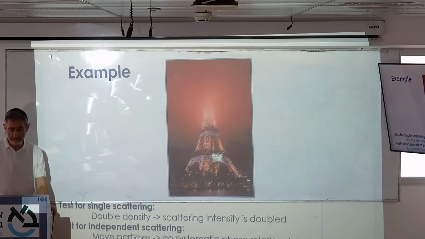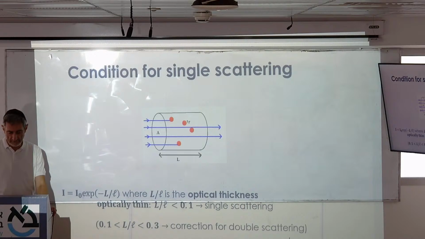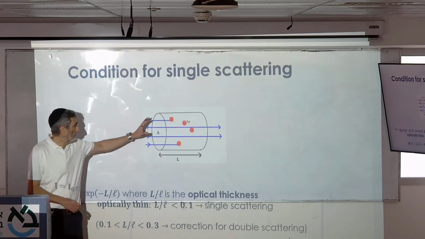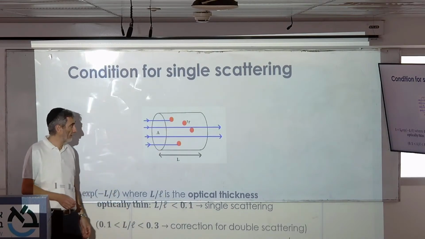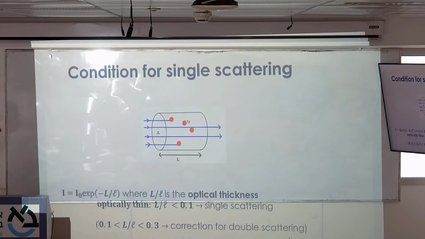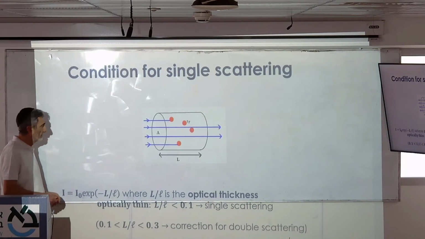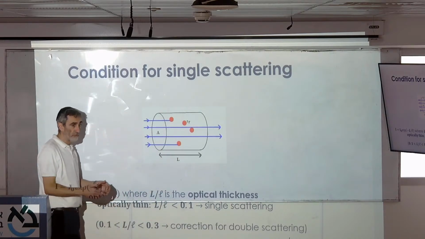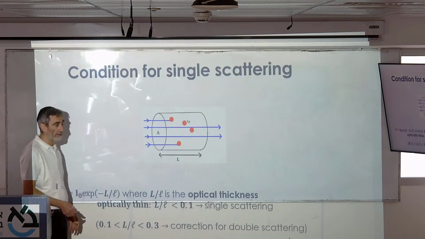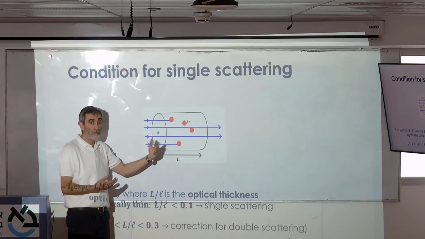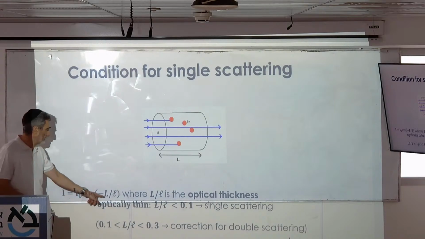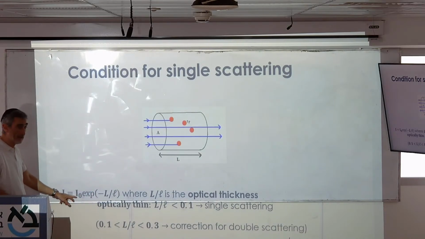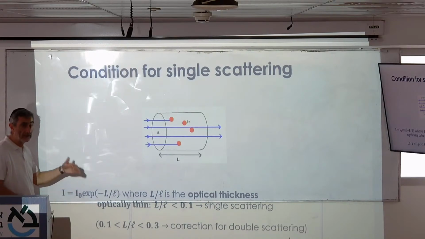If we go a little bit more into the physics, consider a volume of the cloud with various particles. As the wave propagates through the system, after a distance L, part of the light will be scattered, will be lost, and what goes through is the light that has not yet been scattered. So the transmitted intensity after a distance L is the incident intensity I0 times an exponential decay.